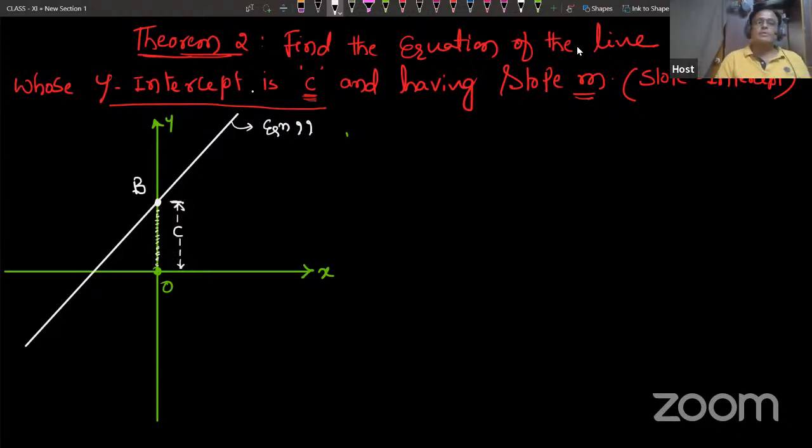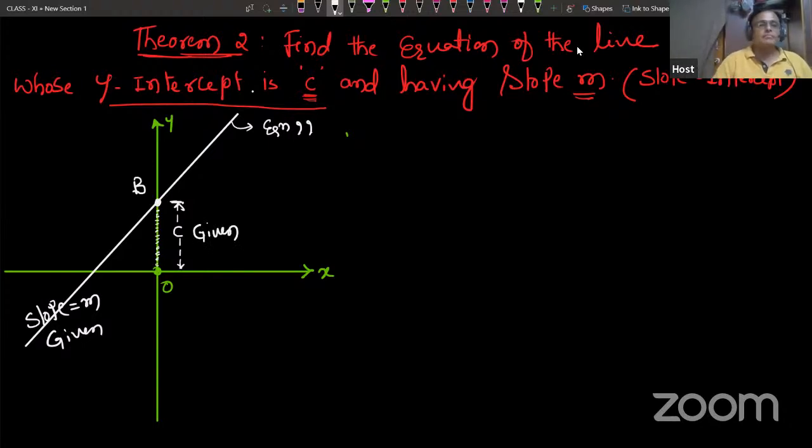So we have a line with y-intercept and slope m, where the slope is m, given. This is also given. So this is the equation we have to find.